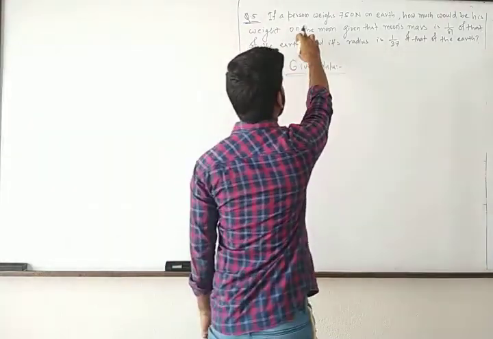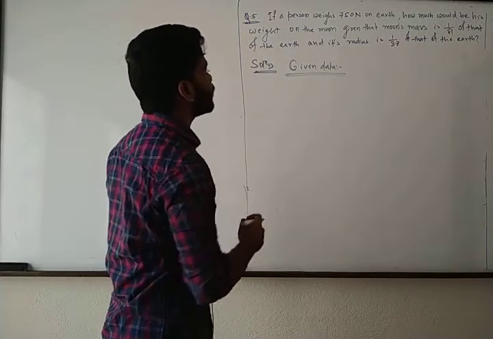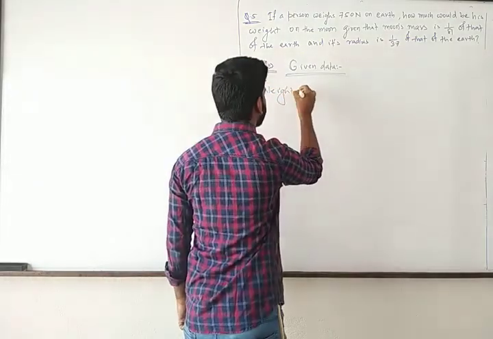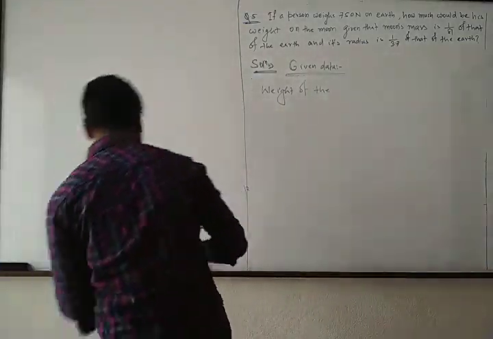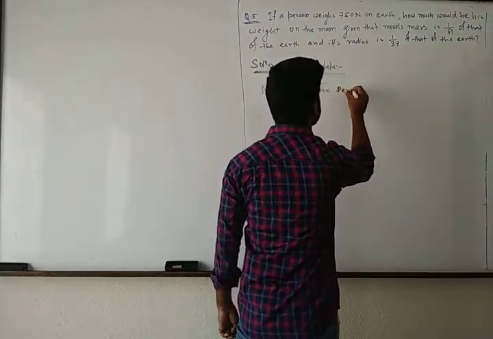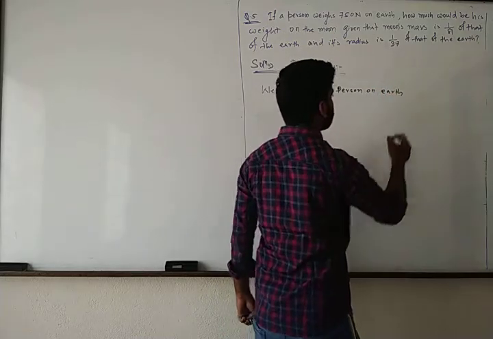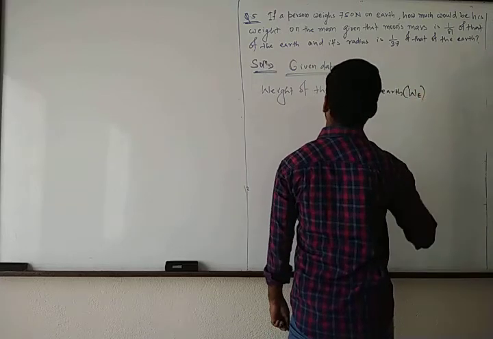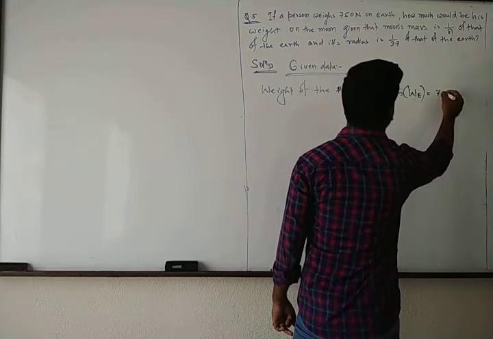So first क्या लिखूंगा मैं, the weight of the person on the earth is, let it be W subscript E. It is 750 Newton.